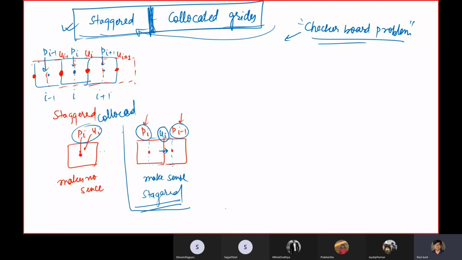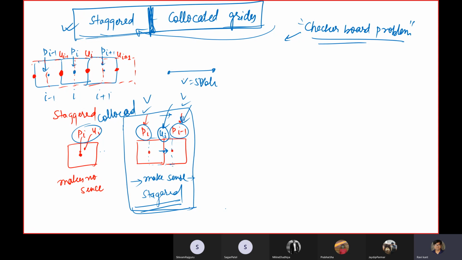So in finite volume method, if you want to capture the physics in reality, you need to have the grid configuration of your pressure grids, and your velocity grids are not imposed on top of it. It is actually offset by some distance, because to make sense of the flow, there is a velocity potential, then only you will have current. Okay, so sorry, not velocity, voltage. So in short, you will have certain voltage across, let's suppose 5 volts across an electric conductor.